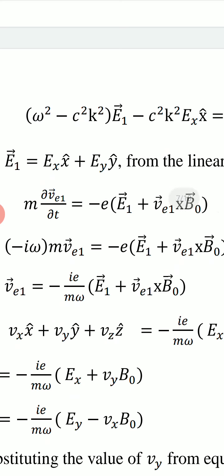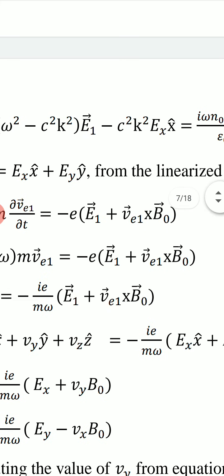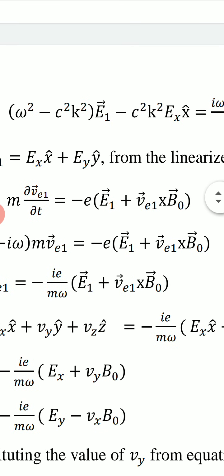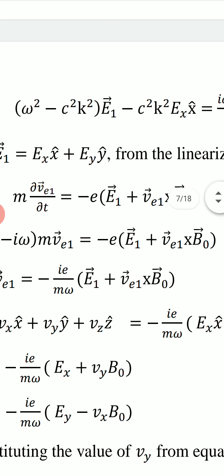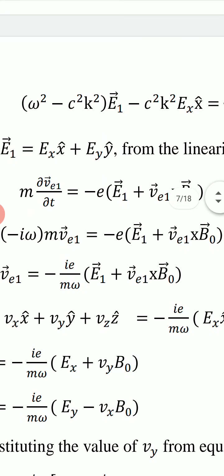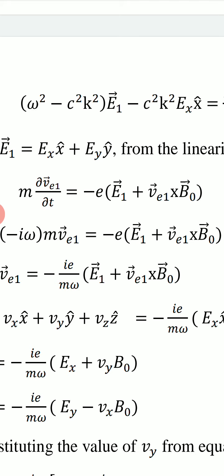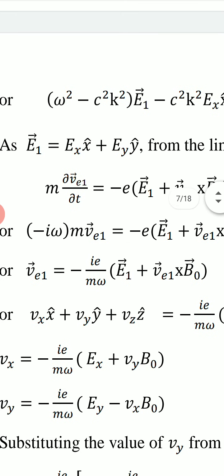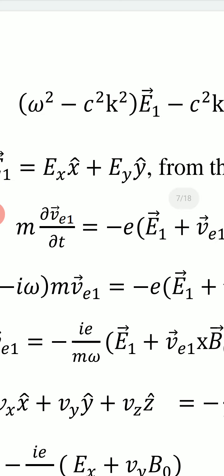Then if we separate the x component, write Ex in place of the E1 vector. Then we have omega square minus c square k square into Ex, and the next term is plus c square k square Ex x cap. So this second term, which is plus c square k square Ex x cap, is cancelled out from this term minus c square k square Ex x cap.